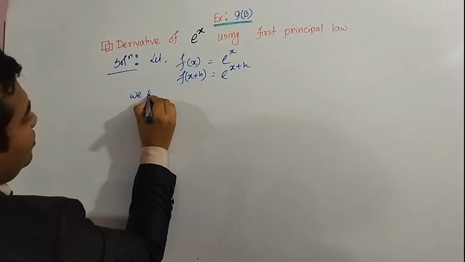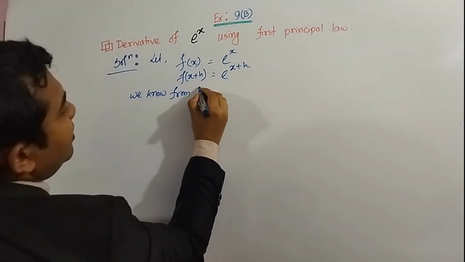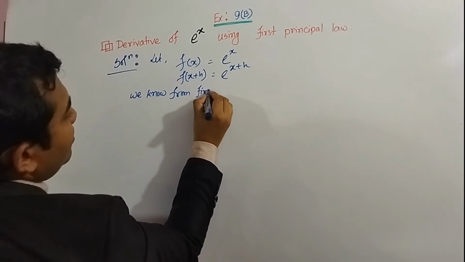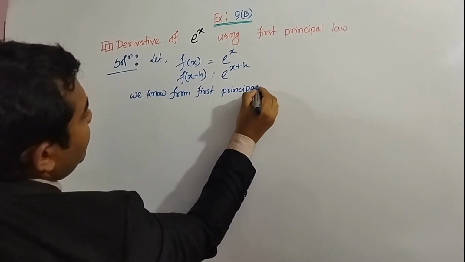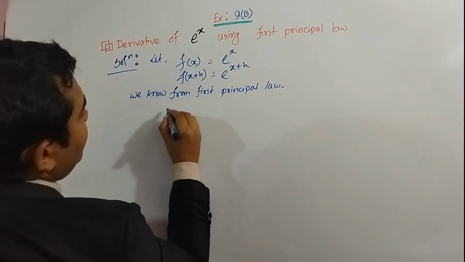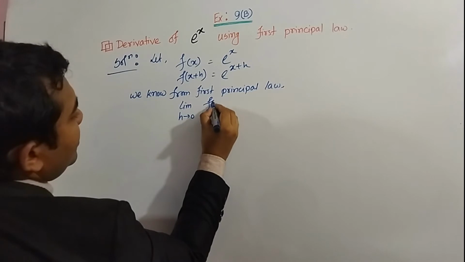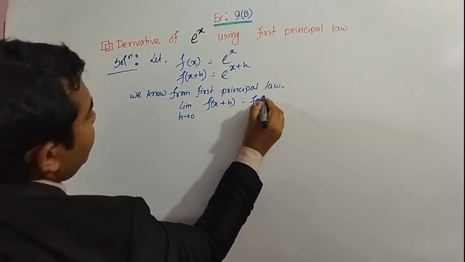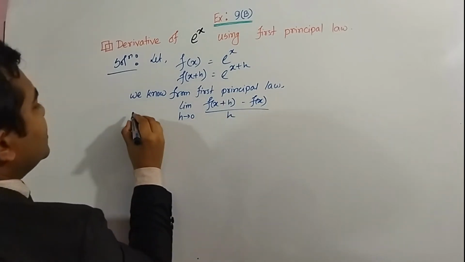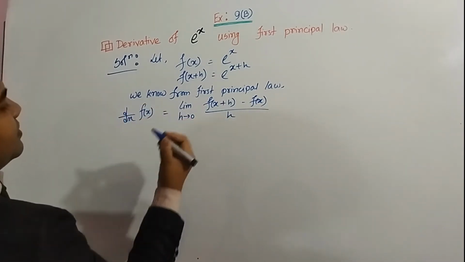We know from first principle law that it is limit h tends to 0, f of x plus h minus f of x divided by h, which is d/dx of f of x.